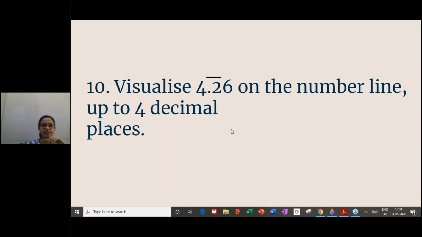Let's see. It's very simple. I hope all of you got it. Neil, do you have a question? Guys, the bar is on 26 both. So 4.26 recurring. It seems to have shifted slightly.